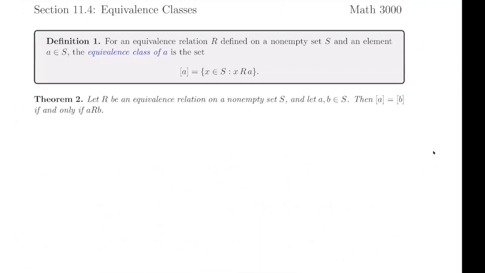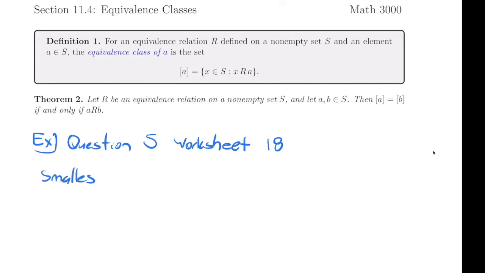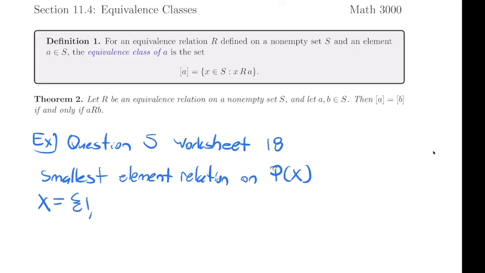We say an equivalence class of A is the set of all elements that are related to A. For example, the one we just did, question 5 on worksheet 18, was asking us about the smallest element relation, where X was the set of the first 100 natural numbers.